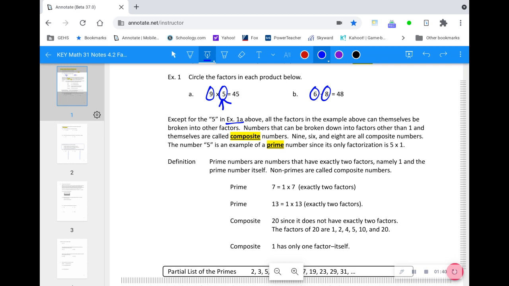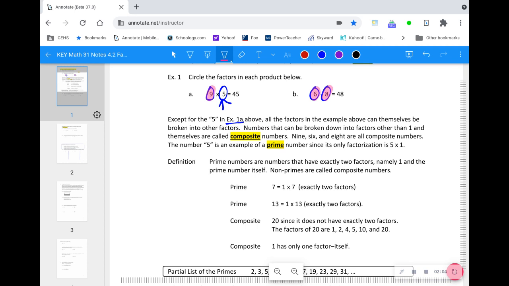Any number that can be broken down further is called a composite number. So the composite numbers in the examples above are 9, because it can be broken down into 3 times 3. 6 is also composite because it's composed of 2 times 3. 8 is composite because it could be composed of 2 times 4.